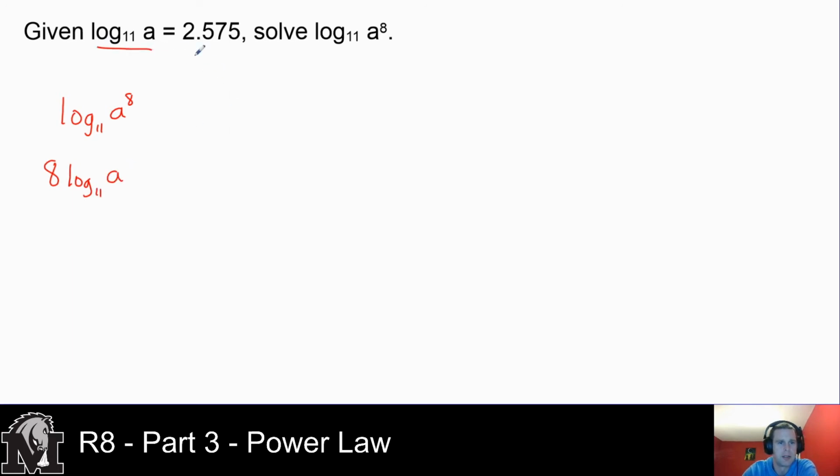And then we know that log base 11 of a is equal to 2.575. So it's really 8 times 2.575. And then it's just a matter of doing this in your calculator. So we get 20.6.